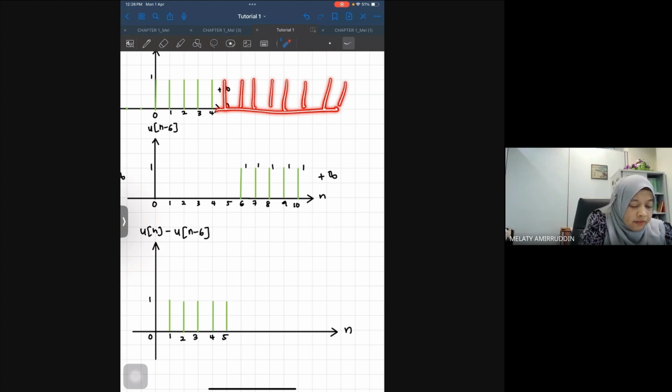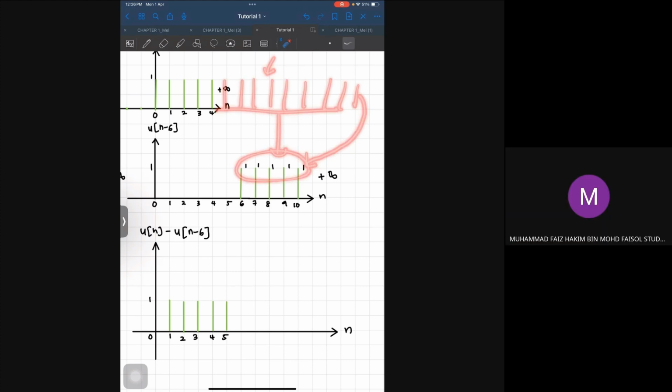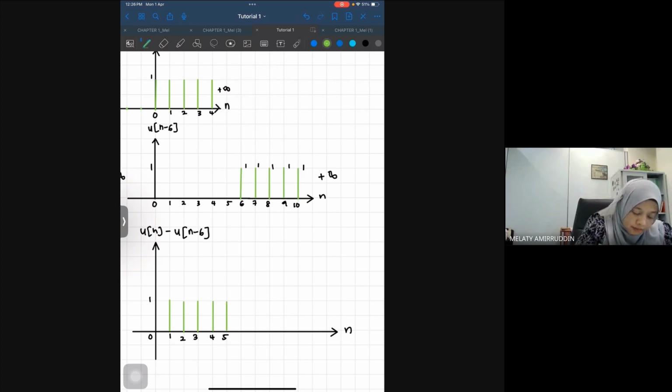So this signal minus this, you will get 0 because the amplitude of this signal is 1. 1 minus 1 becomes 0. So this is 0.